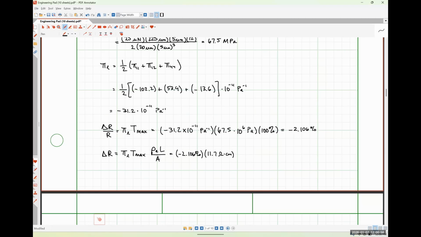The length of our piezoresistor was 20 microns. The cross-sectional area is the width times the thickness, so 5 times 0.5 microns. And this comes out to be negative 0.712 kiloohms. For what it's worth, I did the math here so that you guys didn't have to. The nominal resistance of this is actually 936 kiloohms based on these dimensions.